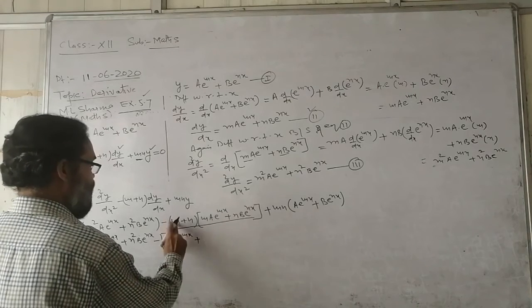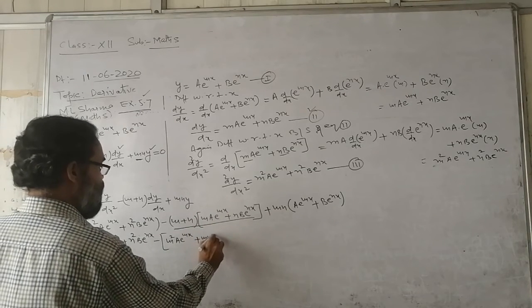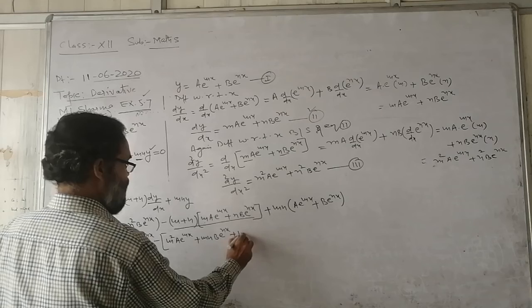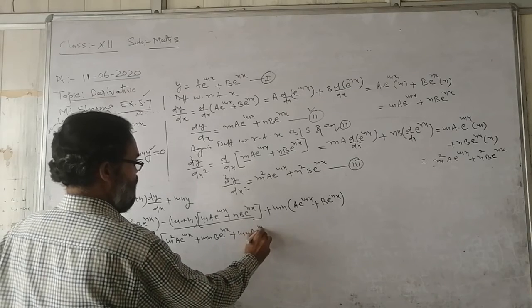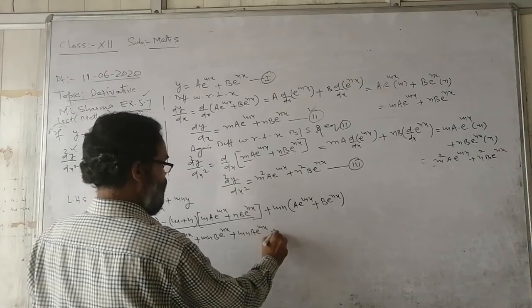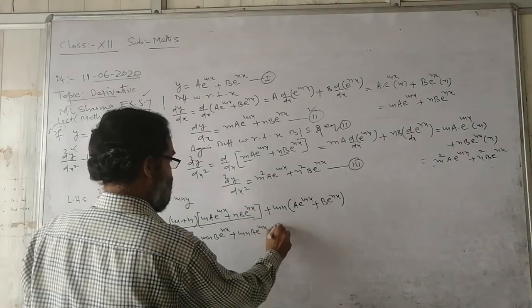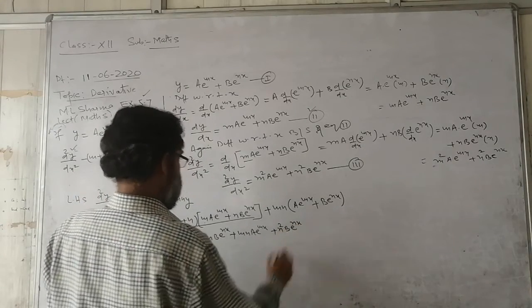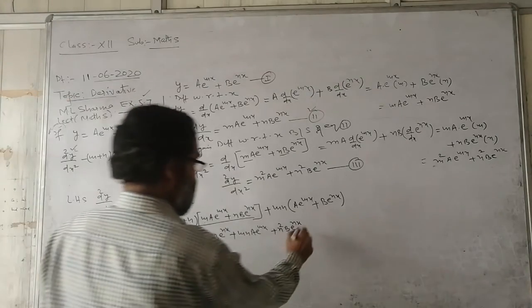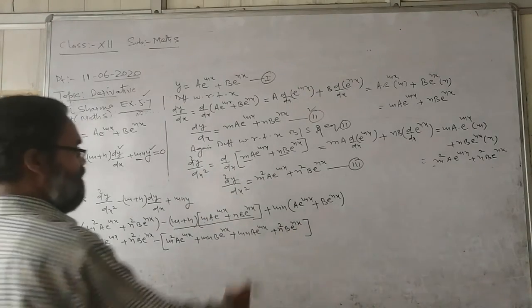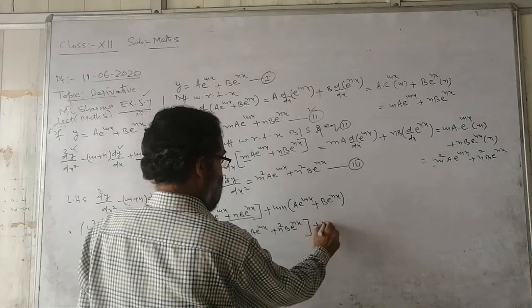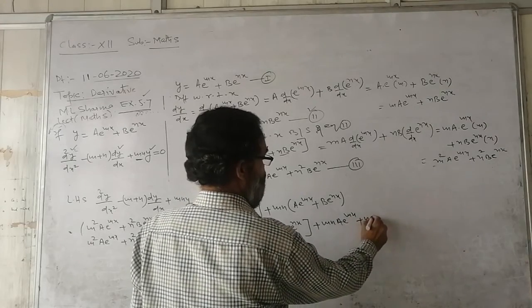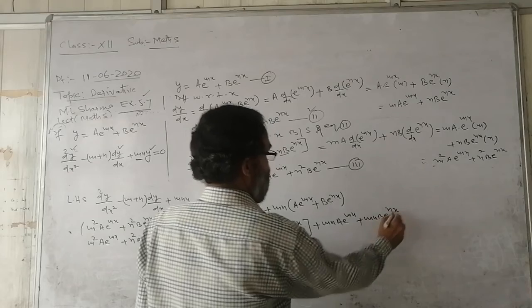The second term will be mn b e^(nx). The third term will be mn a e^(mx), and the last term will be m square b into e^(nx). So these are the 4 terms obtained by multiplying, and here if I multiply, mn a e^(mx) plus mn b e^(nx).